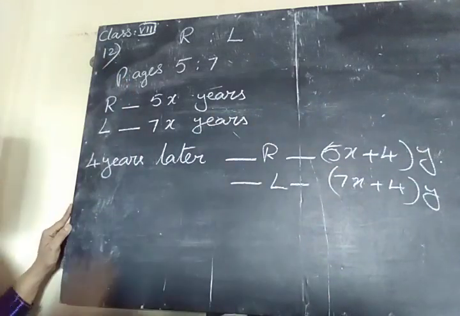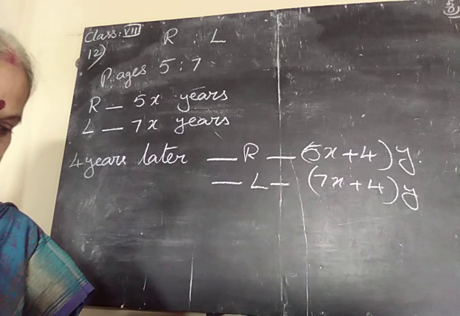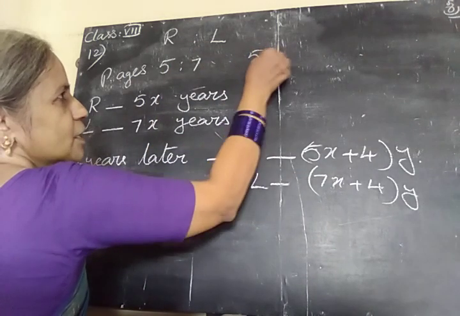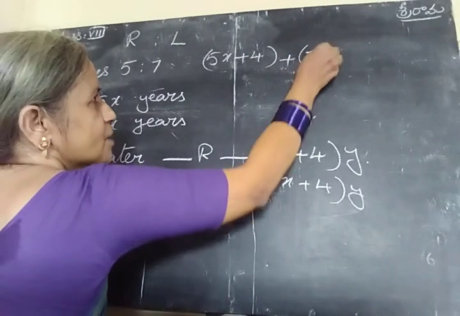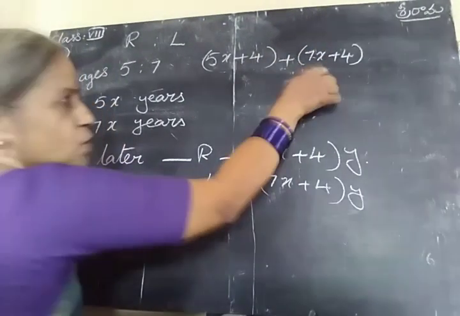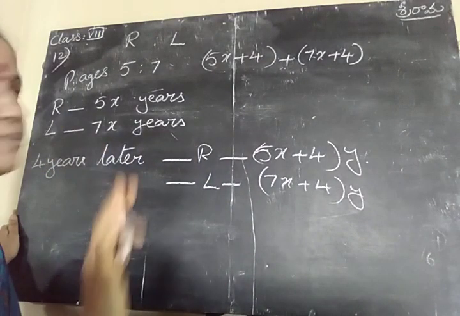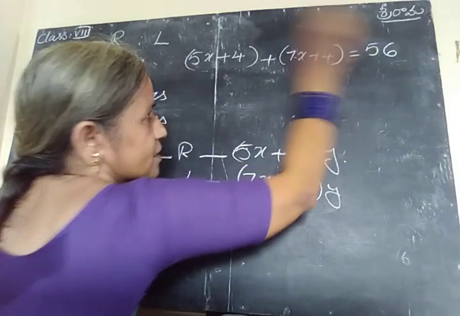Now, 4 years later, their total age is given as 56 years. So, 5x plus 4 plus 7x plus 4 is their total age 4 years later. According to the question, it is 56.